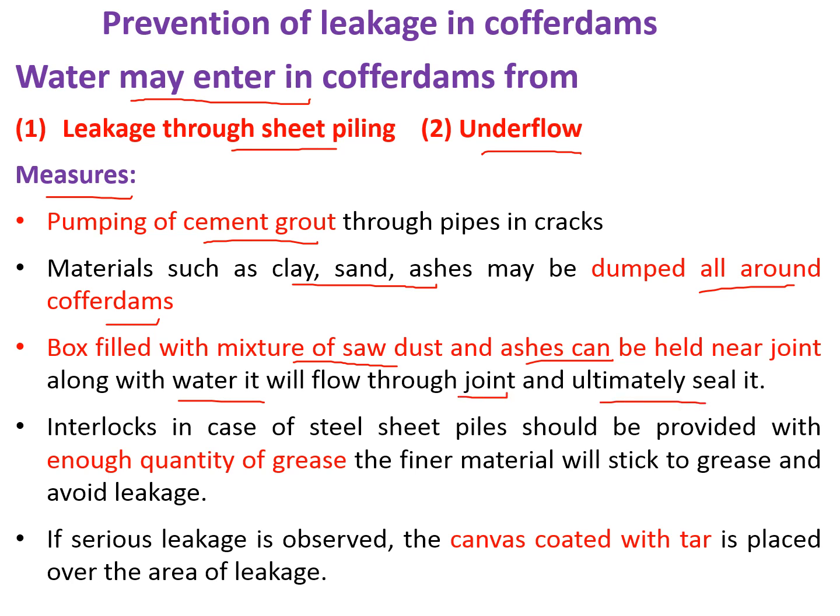So whatever sawdust goes along with the water will fill wherever there are cracks. Interlocks, in case of steel sheet piles, should be provided with enough quantity of grease, so that it will also stick all the finer material and will also avoid leakage. If serious leakage is observed, then canvas coated with tar is generally placed over the area of leakage.